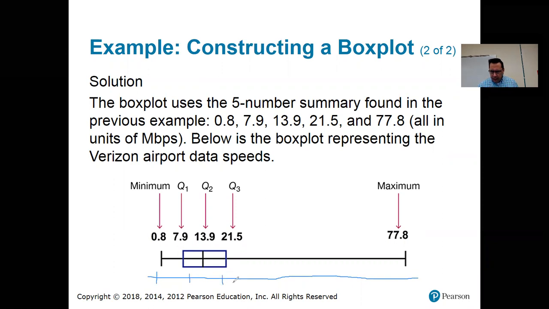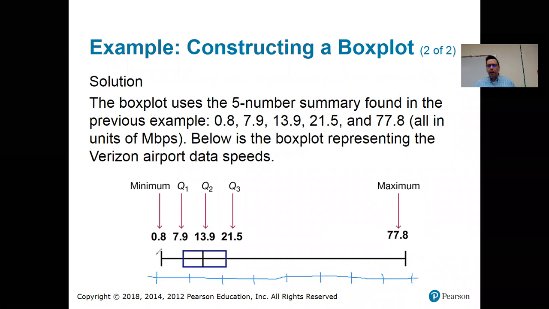This would be 20, and then I would continue 30, 40. I think that's a good thing to do beforehand, because otherwise how would I know to put 77.8 here as opposed to here or way over here? Okay. So 0, 10, 20, 30, 40, 50, 60, 70, 80. So that turned out pretty well, except for the crooked line.